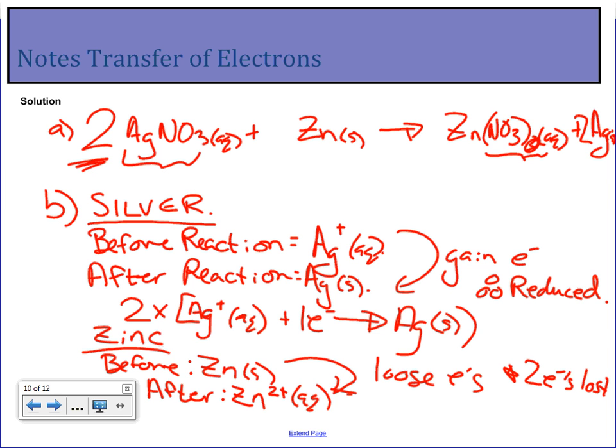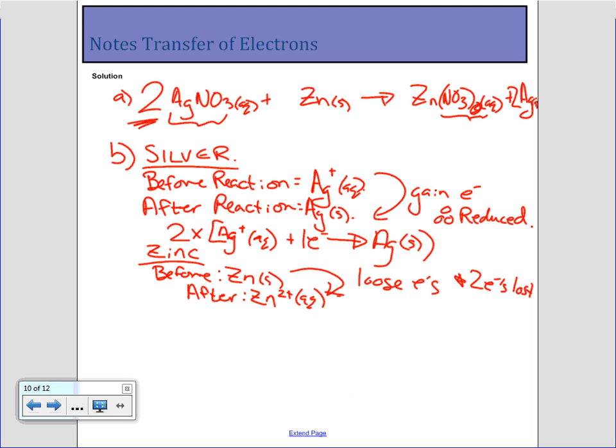Okay, so that means that zinc solid breaks down to my zinc cation plus my 2 electrons here. I don't need the 2 in front because I only have 1 of these happening.